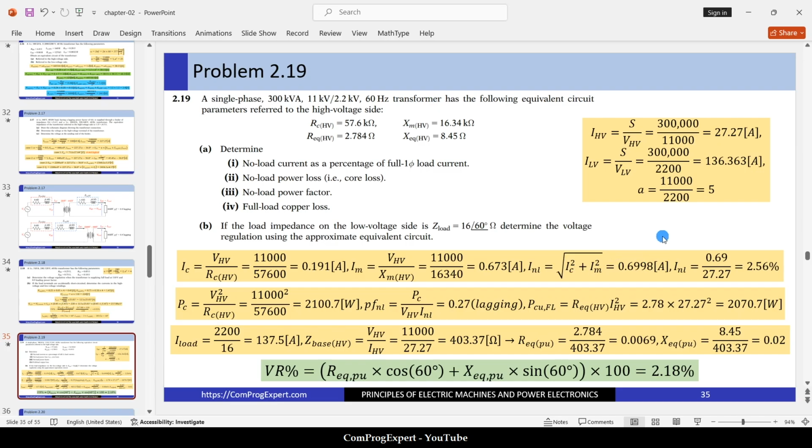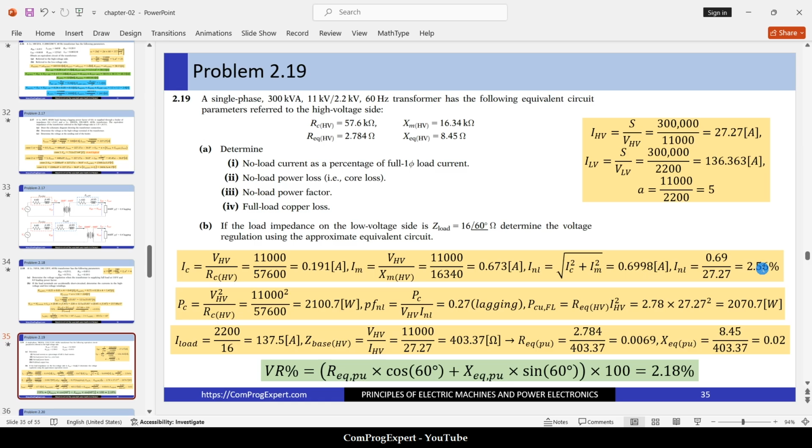So we divide 0.69 by 27.27. That is equal to 2.56%. So as you can see, the value of the no load current compared with the rated one is very low. Yes, below 3%, right?